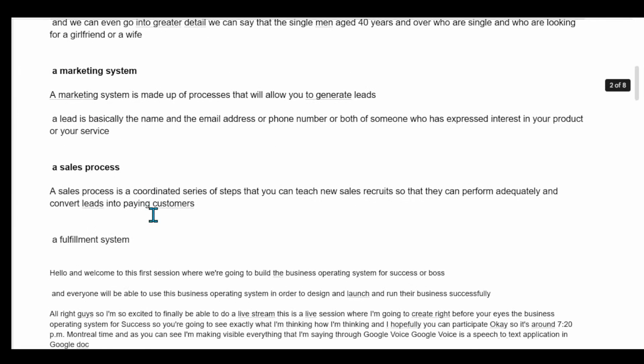And the last component is a fulfillment system. So this is simply how you're going to deliver the service or how you're going to deliver the product. A fulfillment system is the process whereby you deliver the product or the service to the satisfaction of customers.